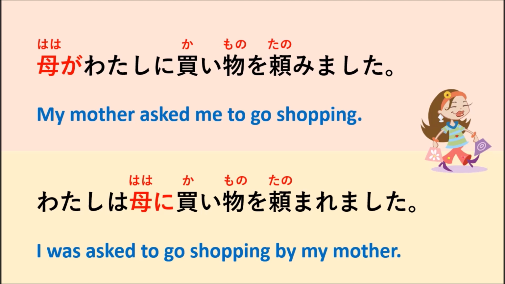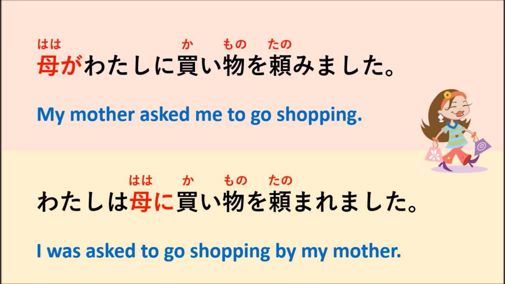So it's different. You see that for the first sentence we have haha ga, right? Haha ga means we take haha to be the topic of the sentence. But in the second sentence we take watashi to be the topic. And the difference is tanomimashita.